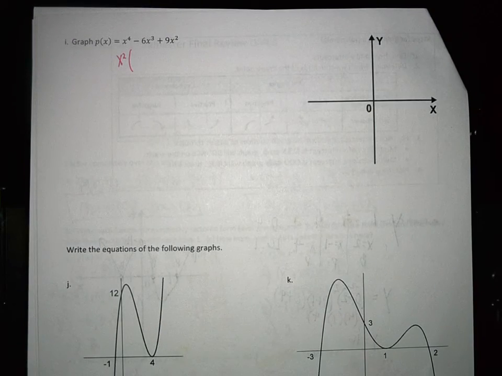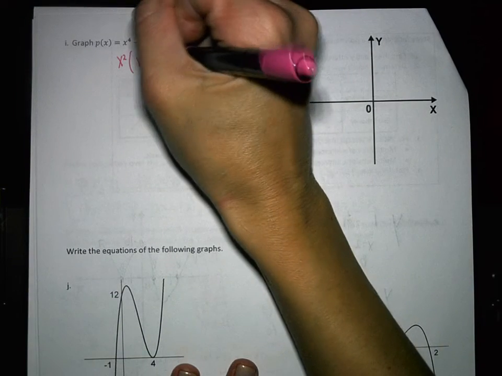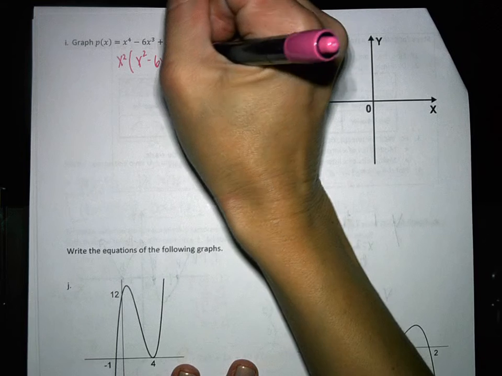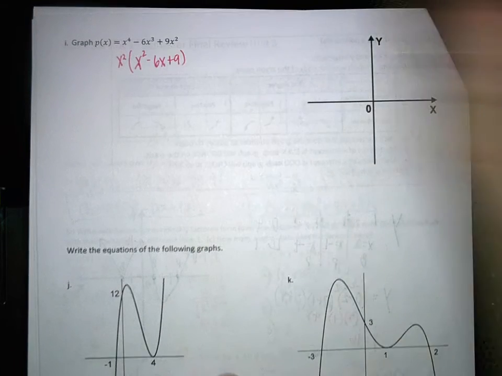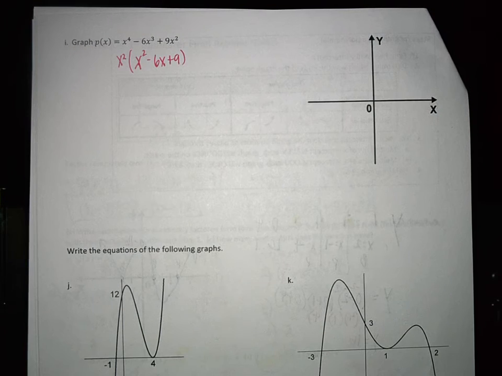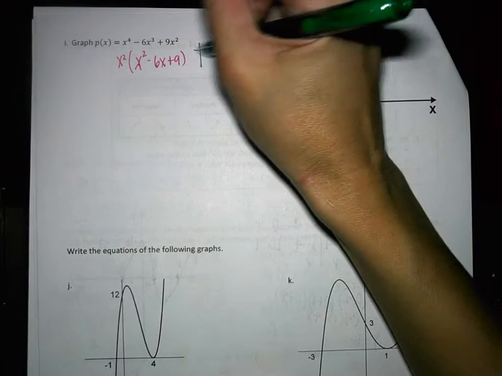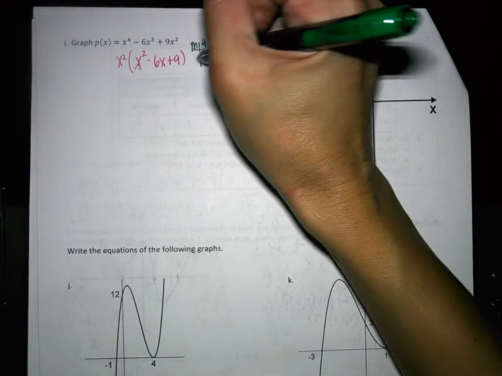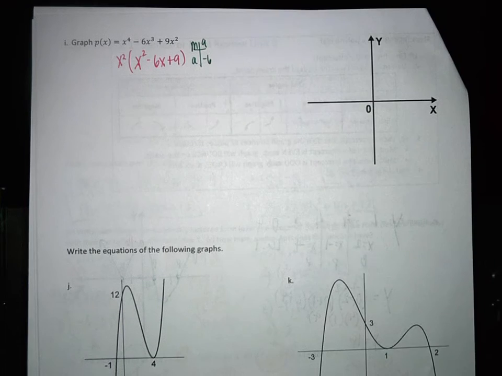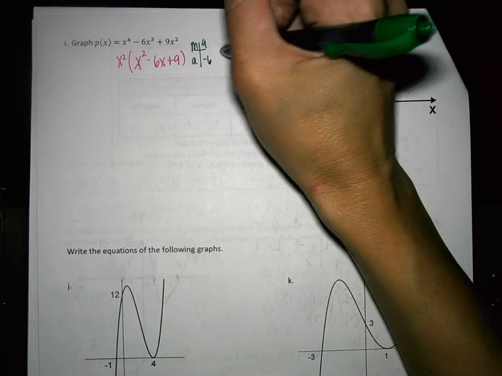X squared minus 6x plus 9. Very good. Okay, now we need to check and factor further. Okay, what multiplies to be 9 and adds to be negative 6? Negative 3, negative 3. Perfect.